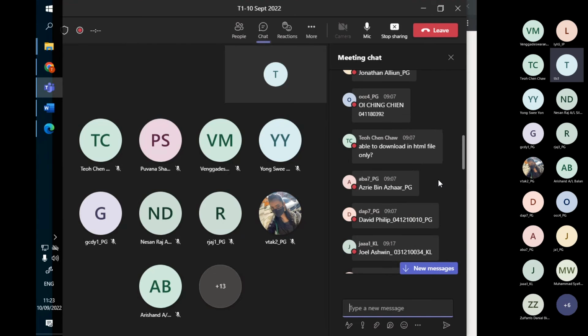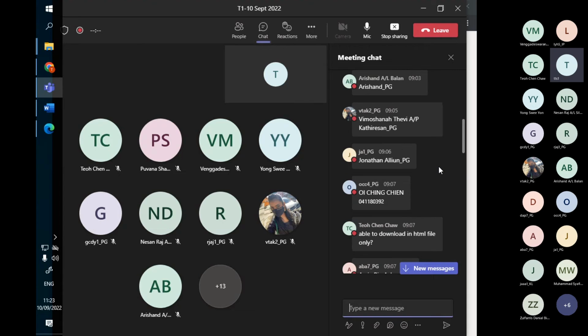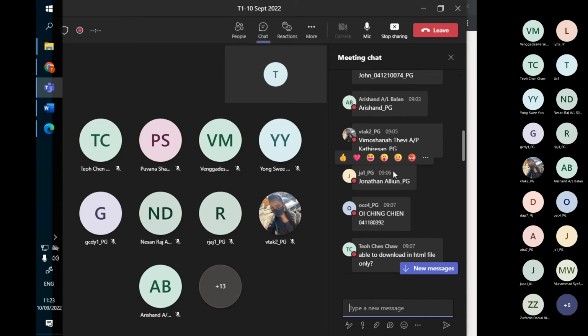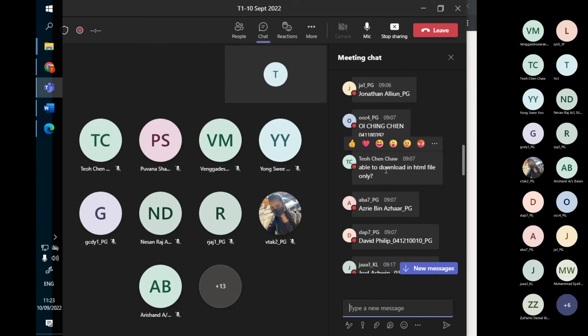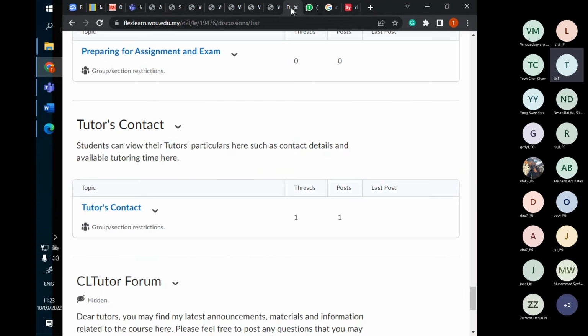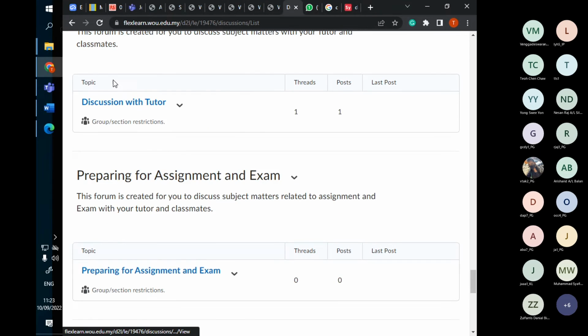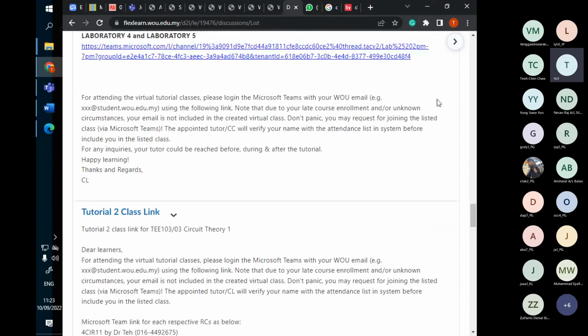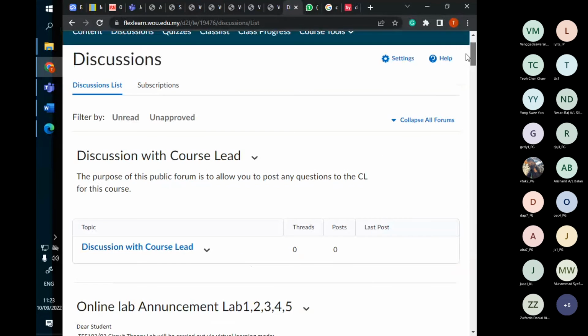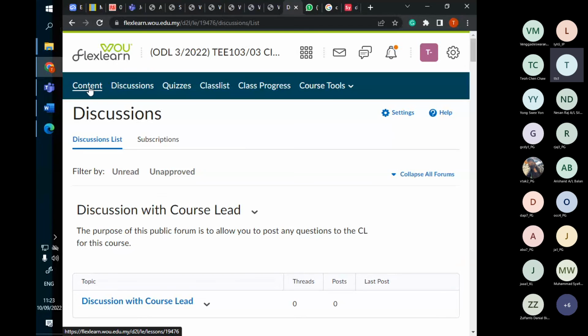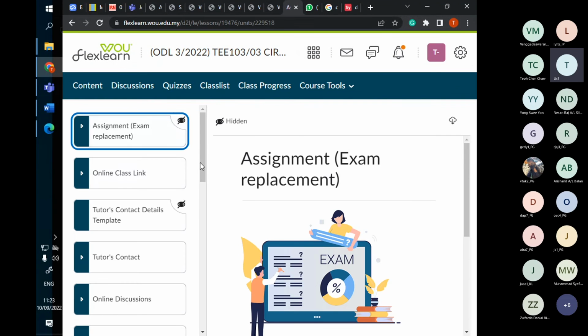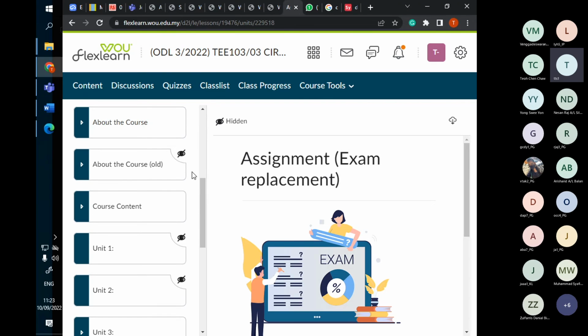Another question here. I think when you download, it should be a PDF file, right? When you download it, you should get a PDF file. I'm quite sure it's a PDF file. Why you come up with the HTML is probably because your PC settings are set differently.